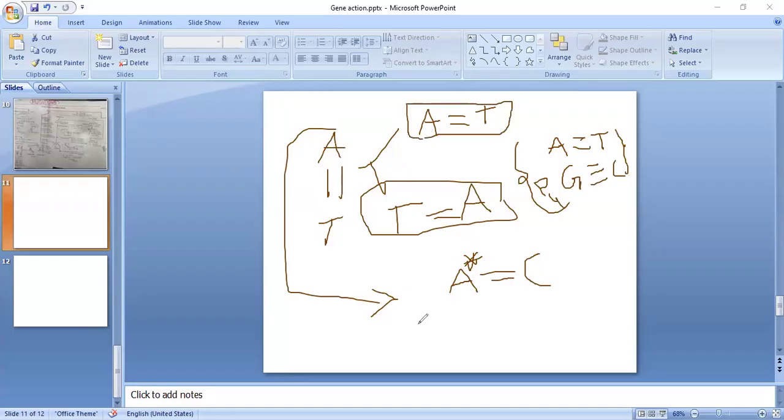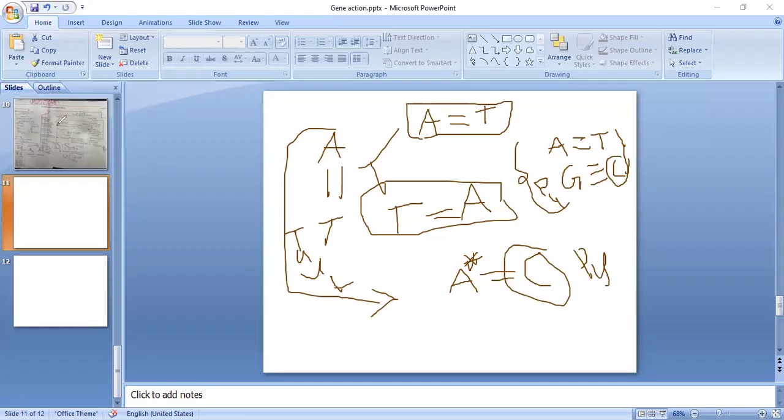When it undergoes tautomerization, meaning amino form to imino form, it is converted through the replacement of a proton on the carbon. So this A star binds with what? C. So here T is replaced with C, and the purine is replaced with what, due to the tautomerization? Pyrimidine. Such a condition we can call tautomerization.